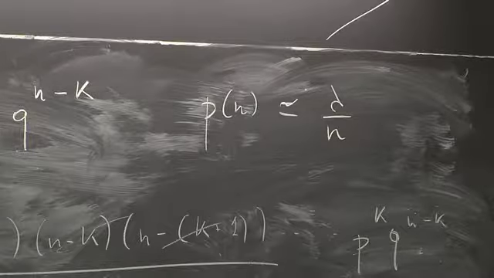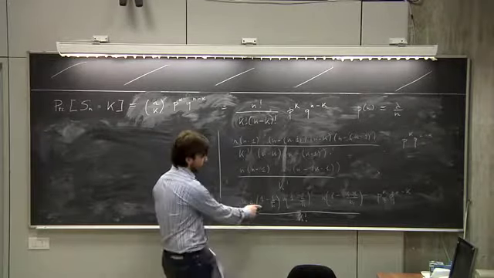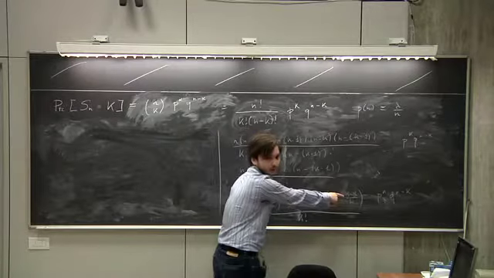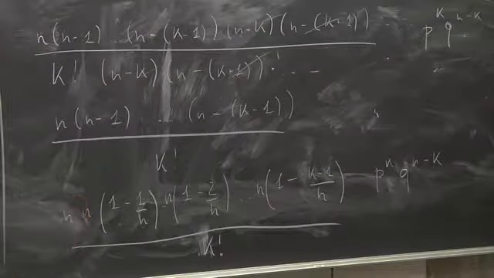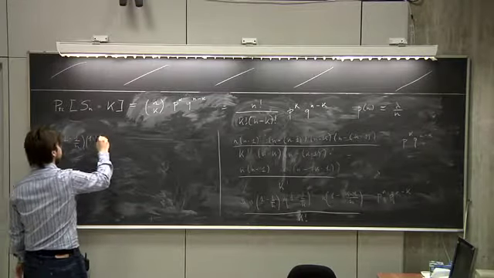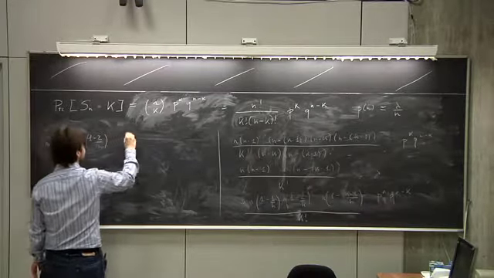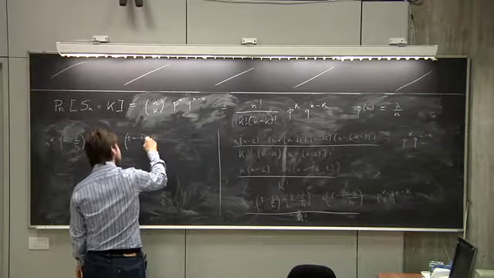So at the end you can count these n: 1, 2, up to k minus 1, so you have k minus 1 n's, plus this one, you have k n's. So n to the power of k times 1 minus 1 over n, 1 minus 2 over n, up to 1 minus k minus 1 over n.